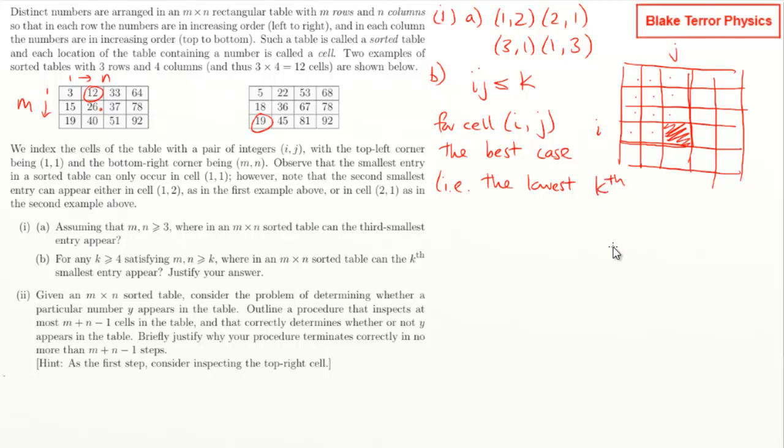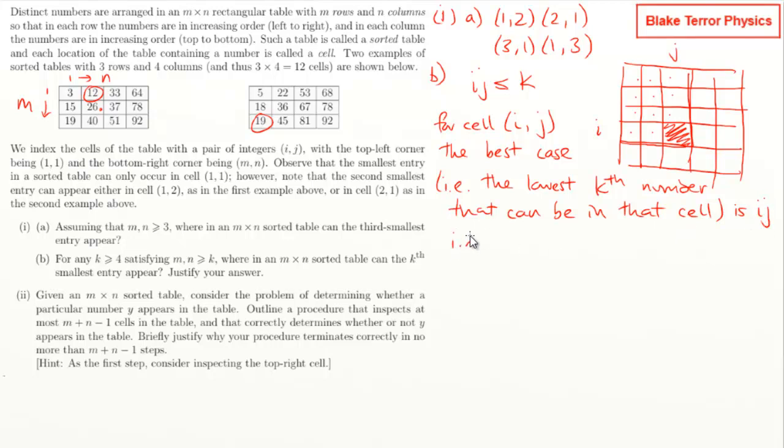Is that really a term? But anyway, I probably know what I mean. So the lowest kth number that can be in that cell is ij.